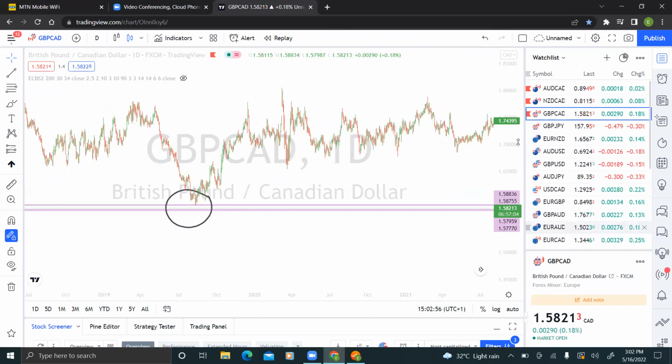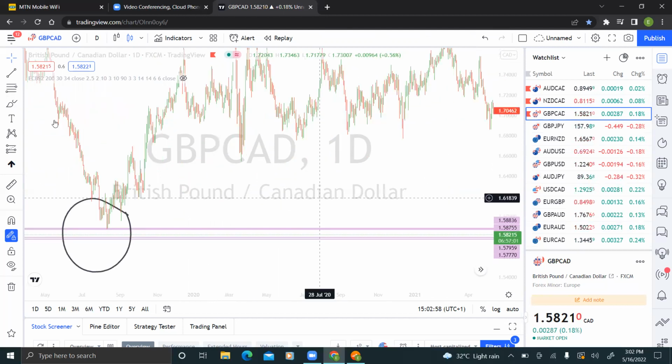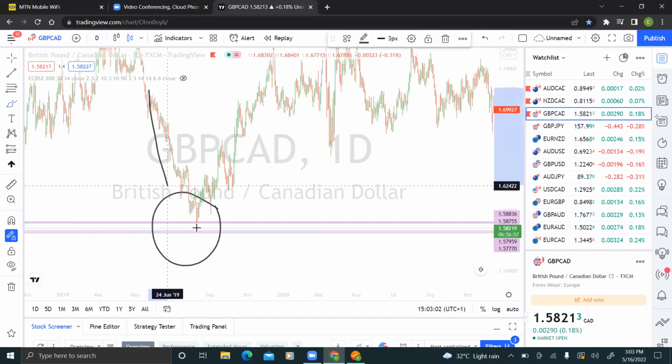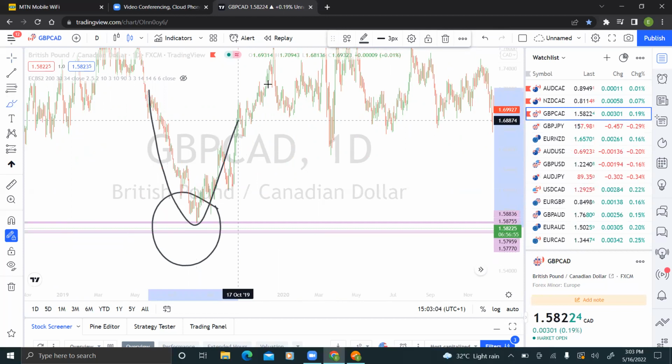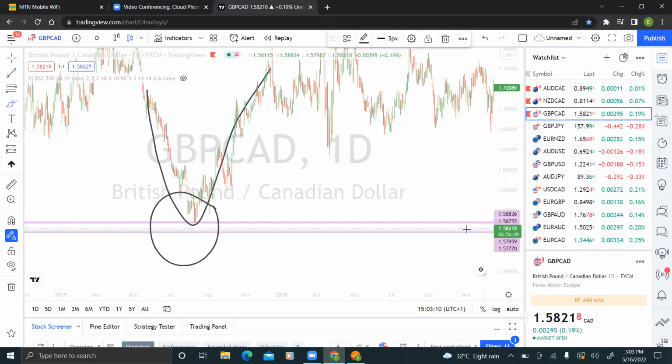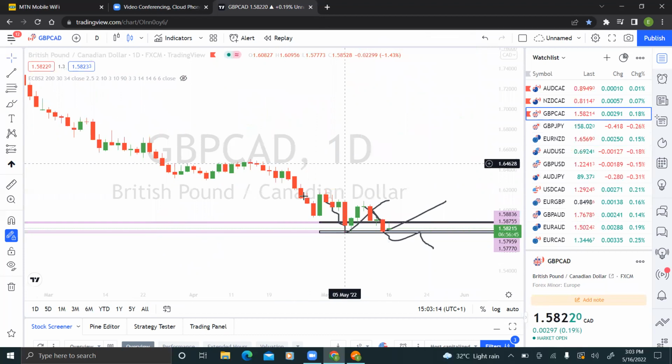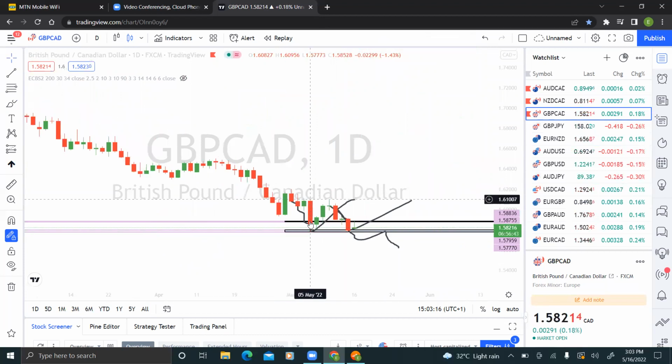And what does that reaction mean? It simply means that GBP CAD came all the way to this area, as you can see, and found its way back up. Now, the same thing that happened as at 2019 was the same thing that happened as at the 5th of May, which was a couple of days ago, where we can see how this red candle came into the zone, and then you see the 2 green candles that follow taking price back up.